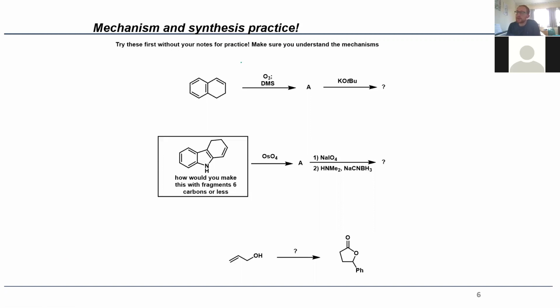And so we know that the ozonolysis reaction can take alkenes and cleave the carbon-carbon bond, and in the presence of a reductant, lead to the formation of aldehyde products.